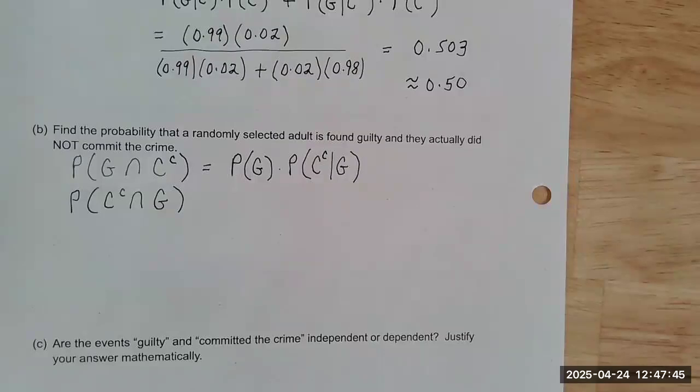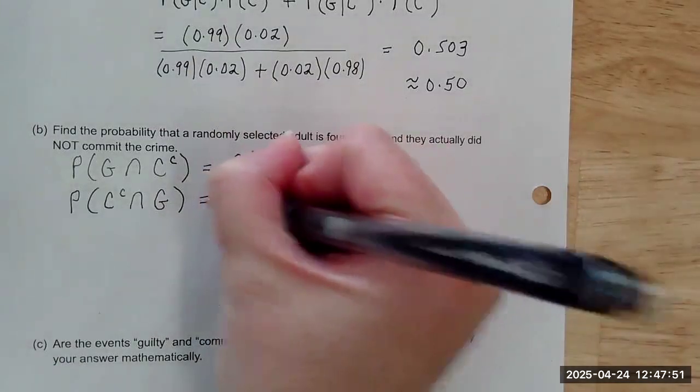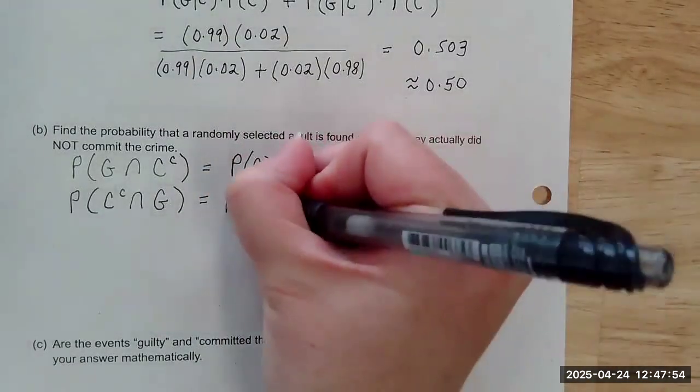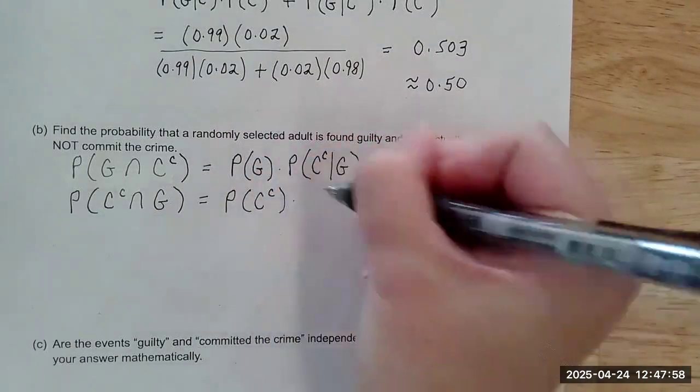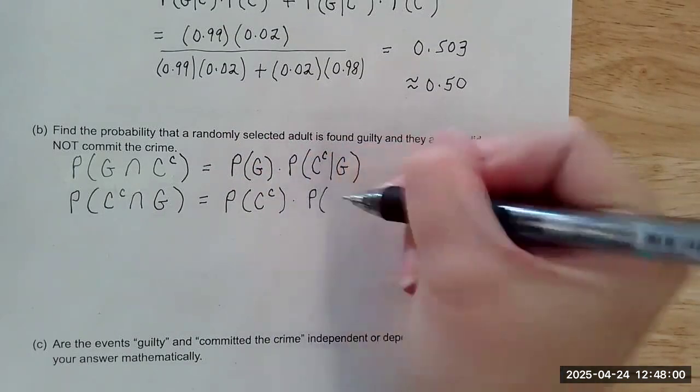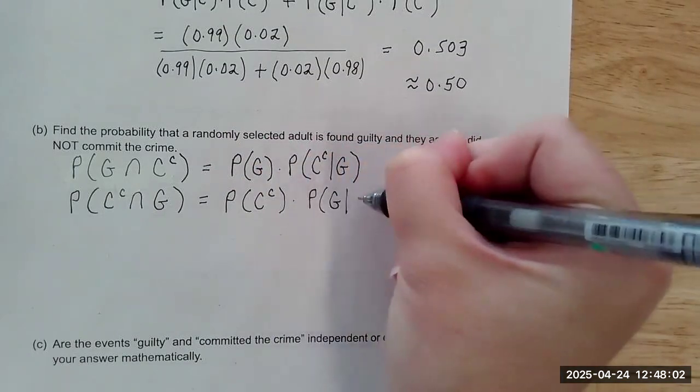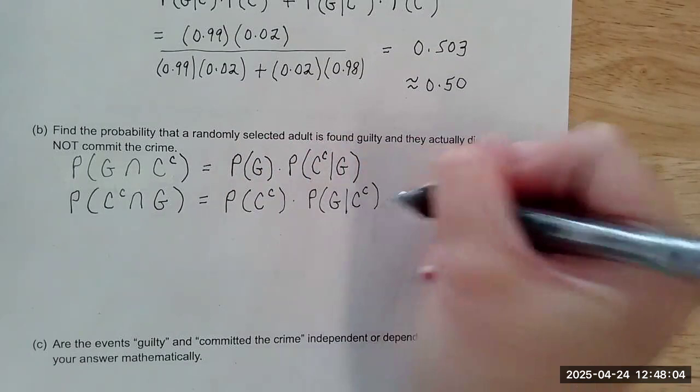If I have a dog and a cat, I have a cat and a dog. That doesn't change anything. So I can turn those around. And that also changes the formula to the probability of C complement times the probability of G given C complement.